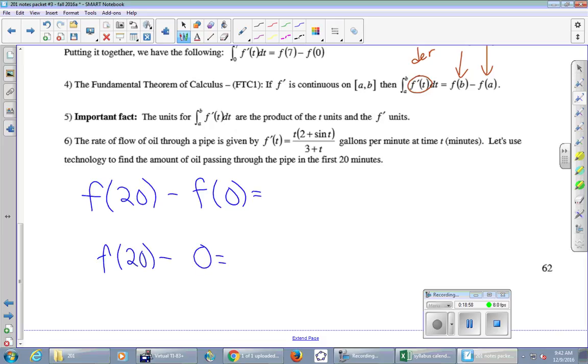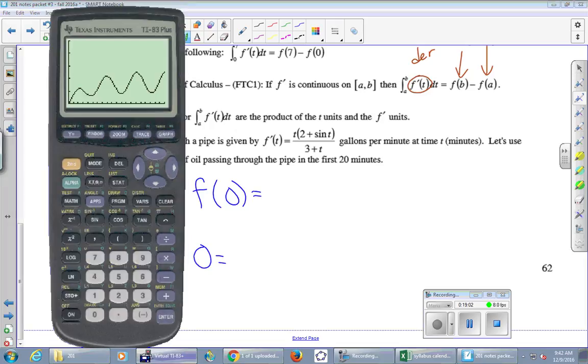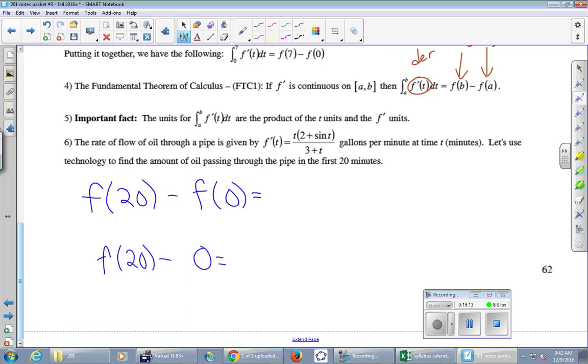But how do I relate this thing that I want to the graph that I have? I need to do the integral. In fact, that's what the fundamental theorem says. It says that, hey, if you want to know f of 20 minus f of 0, you just do the integral from 0 to 20. Now, it's really important to put the right symbol. Is this f or is this f prime?